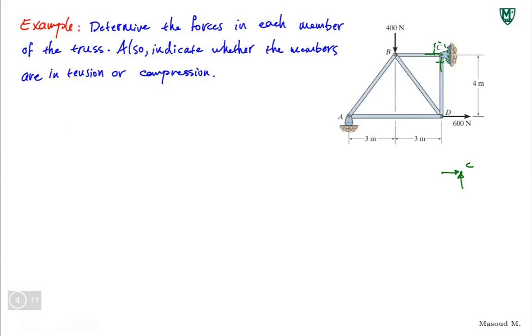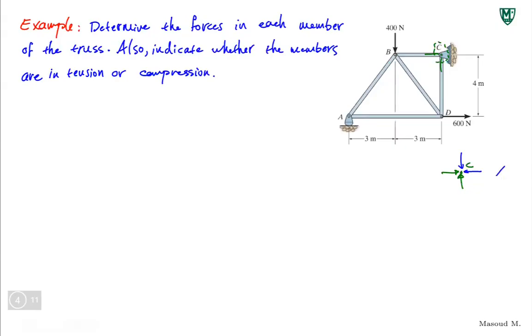Now, since this is a pin support, and I'm isolating just that pin, and I'm taking that point out, I have to replace that support. Since it's a pin support, I have to replace it with two more forces. So I'm going to end up having a point or a particle like C, which is in this case a joint in my truss, with four unknown forces.